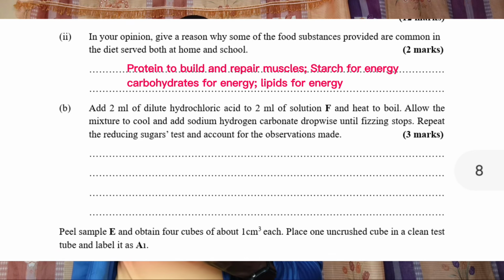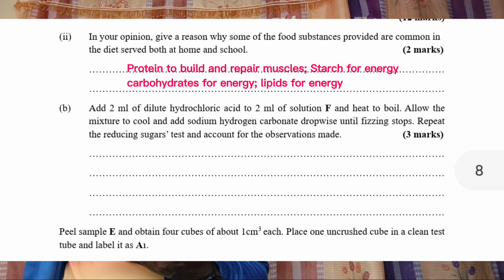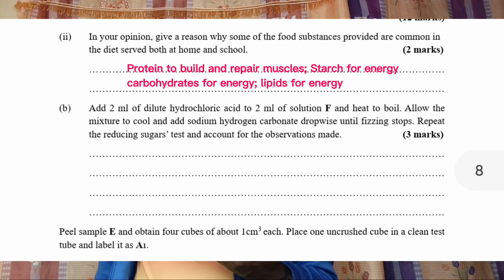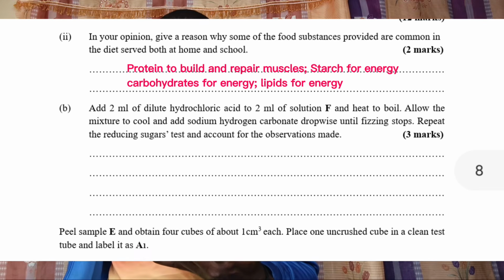So we can talk of protein to build and repair worn out tissue. Then for sugar we can talk of energy. So sugar is there also in both the home and the school foods for energy giving. Carbohydrate, therefore, is also used for energy giving. So you can talk like that.